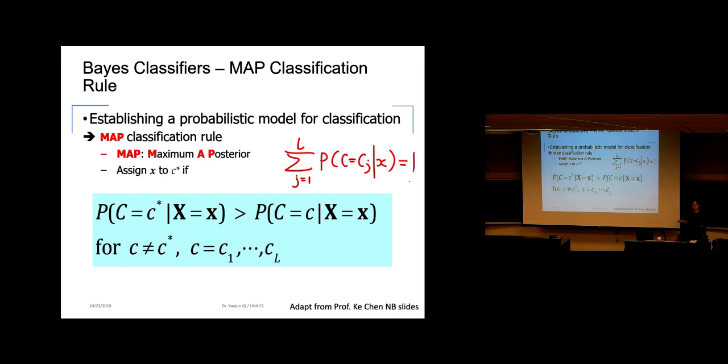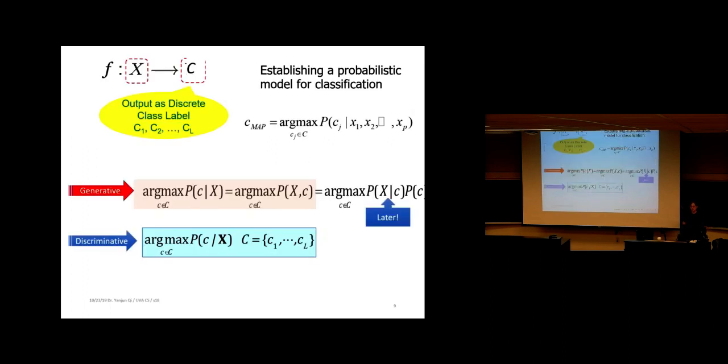So its summation is 1, and then we're using the largest one, the one giving me the largest probability, as the predicted class. Okay, so like I told you, in the end, this is just using a probabilistic model for classification.